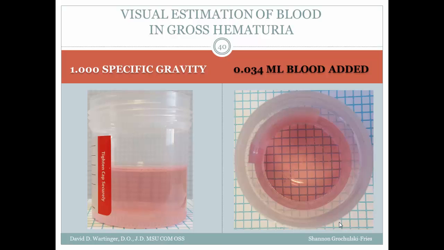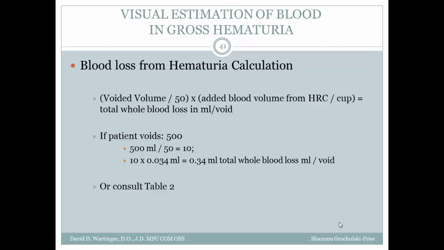The total volume of whole blood loss for a patient can be calculated by dividing the voided volume by 50 and then multiplying the result by the amount of blood added to the reference cup. If the patient voids 500 milliliters of hematuria, take 500 milliliters divided by 50, and that equals 10. 10 times 0.034 milliliters equals 0.34 milliliters total whole blood loss per 500 milliliters void.